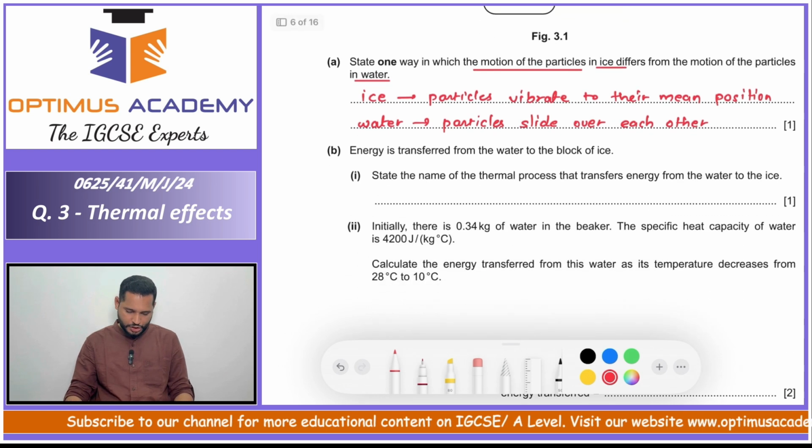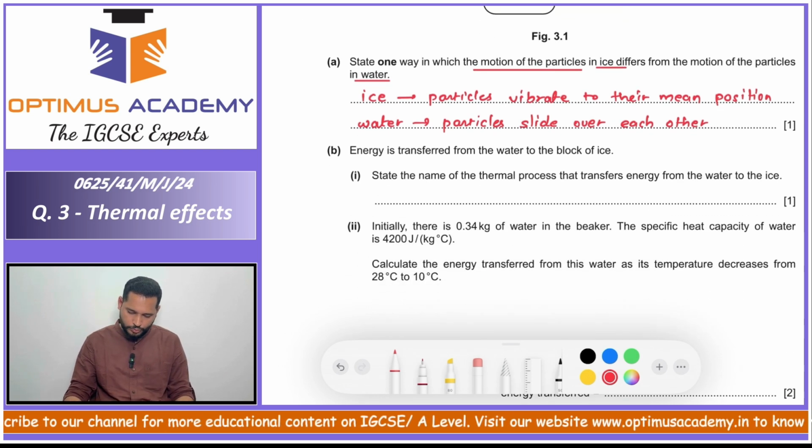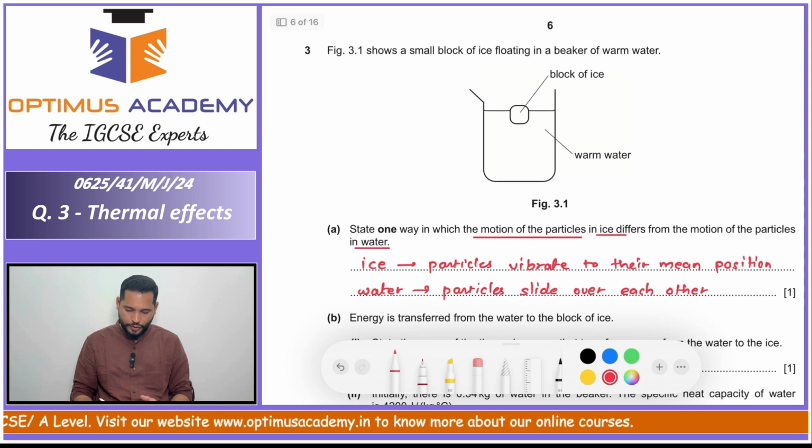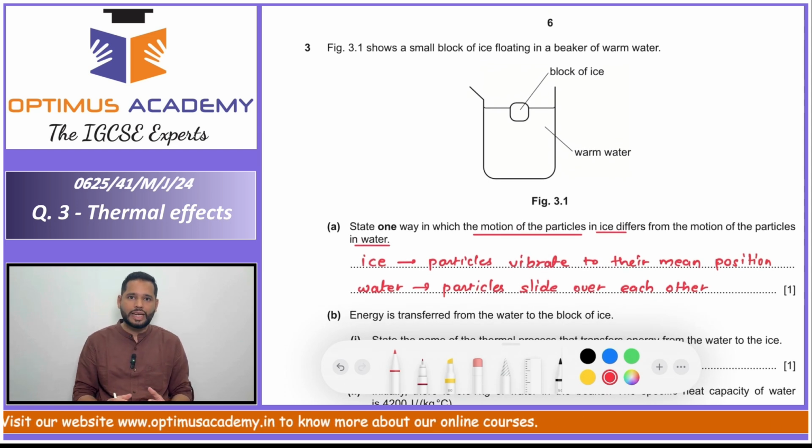Next question, question B, energy is transferred from the water to the block of ice. State the name of the thermal process that transfers energy from the water to the ice. You can see in the diagram that water and the ice particles are in contact with each other.